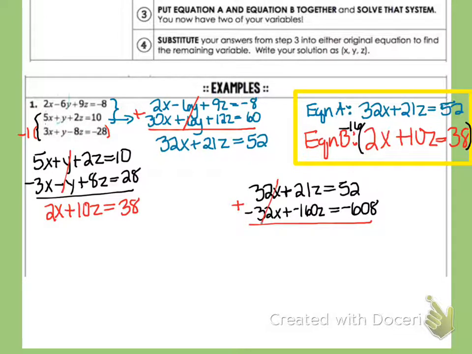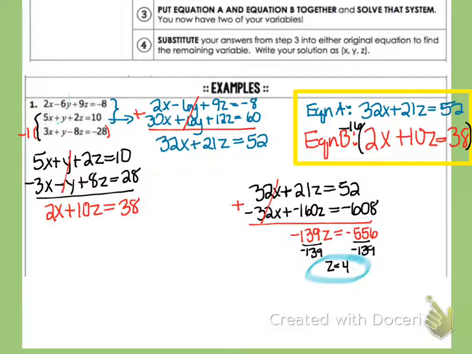And so canceling out the x's leaves me with the z's, and the z's, 21 plus -160, I believe, is -139, so that's -139z, and adding the -608 and the 52 gives me a -556, and dividing by -139 will give us a value for z, and that turns out to be 4.